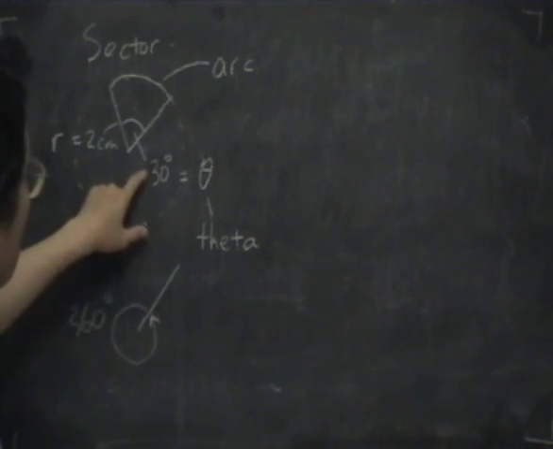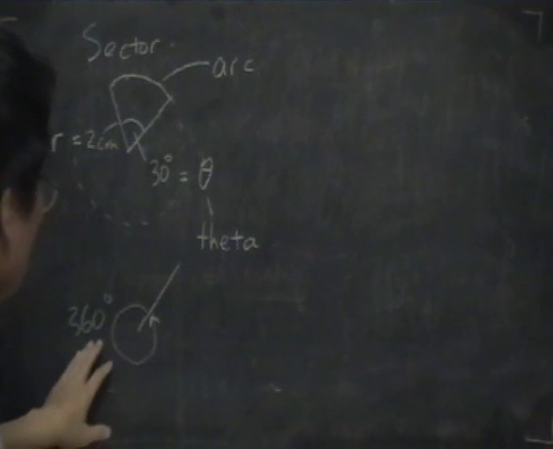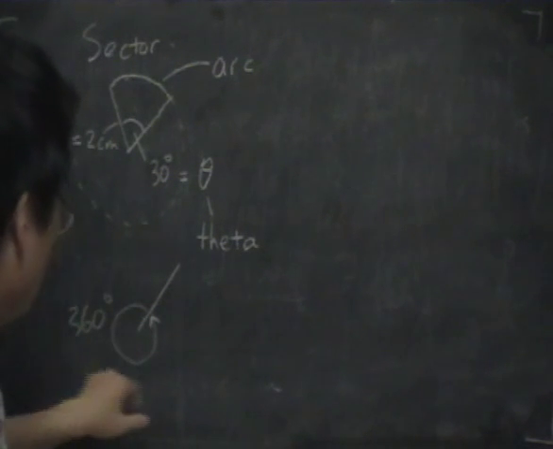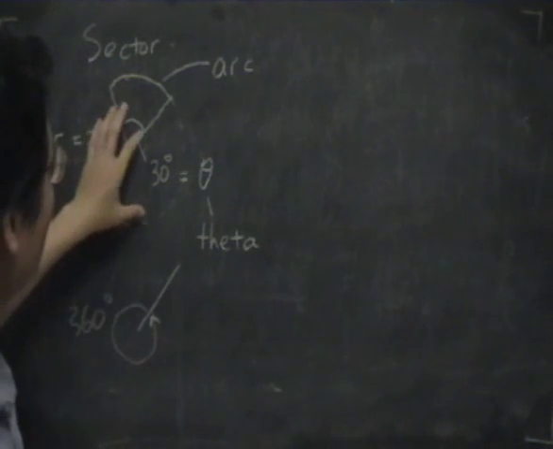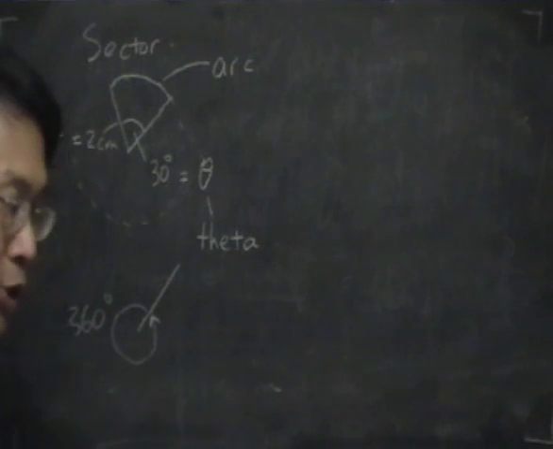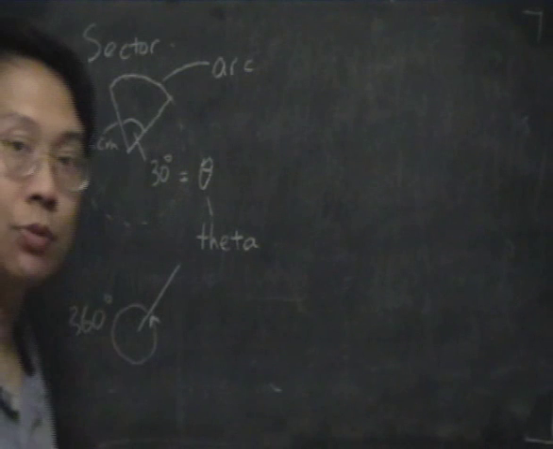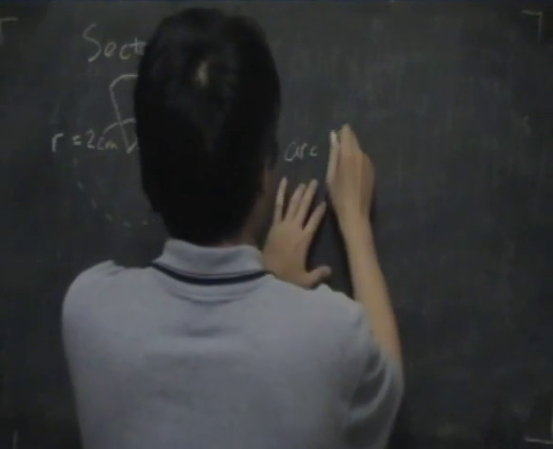So the sector is 30 degrees out of the 360 degrees, which represents the whole circle. So in the same way, we can think of the length of this arc as a fraction of the length of the whole circumference.